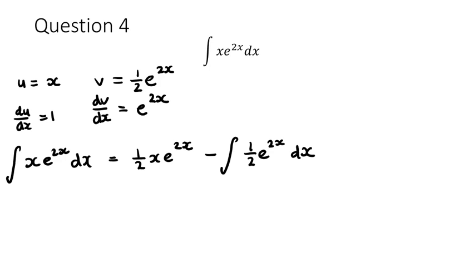I don't have to do anything else with the first term because there's no integral sign. And I just need to integrate a half e to the 2x. So we keep the e to the 2x as it is, and then we divide by 2. So a half times a half is a quarter. And the all-important plus c at the end.